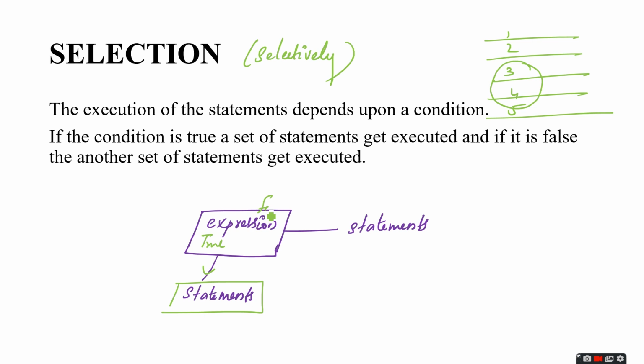If the expression is false, another set of statements get executed. So, the execution of statements depends upon a condition. That is the selective method. Condition means the expression. We are giving the condition in the form of an expression.